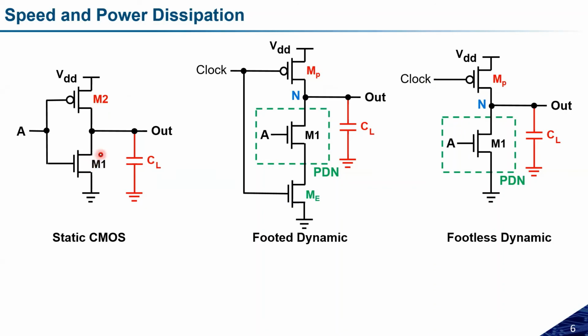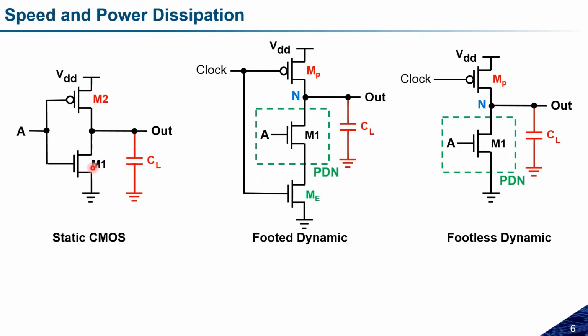Now let us discuss the status of tPHL. In the first case, the static CMOS case, I have one transistor. I'm assuming that all the transistors between the output and the ground are of the same size. So this M1, this ME, this M1, all these transistors are of the same size.